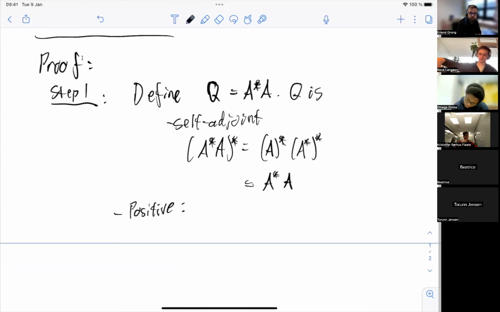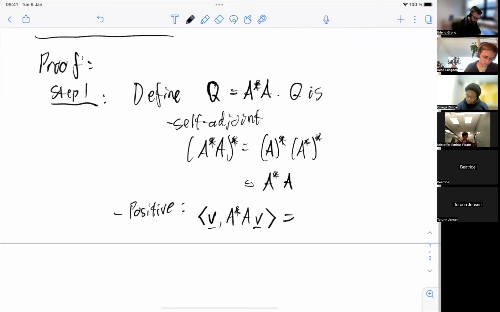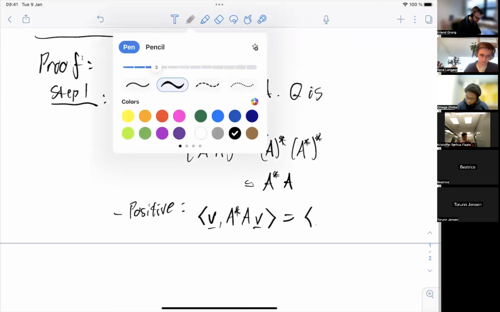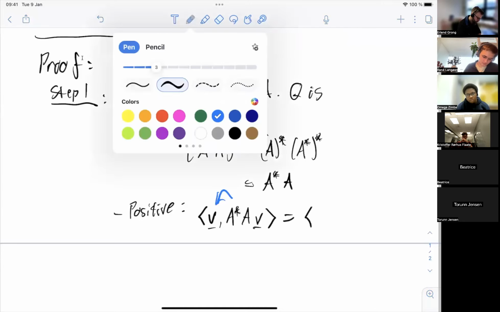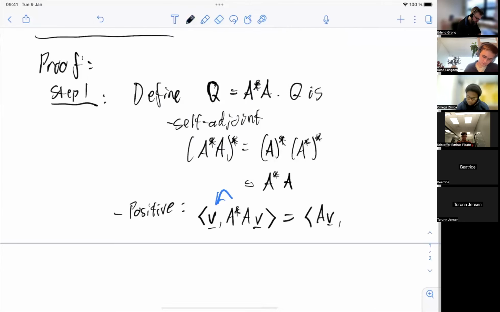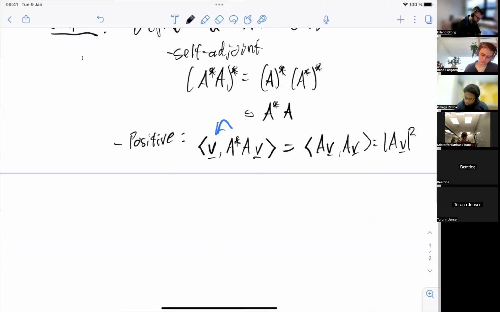Remember that the conjugate transpose is the analog of the transpose for real matrices. So if you take the inner product of v with A star A v, this is the same as moving the A star to the other side and taking the dual, and so I get here the norm of A v squared.